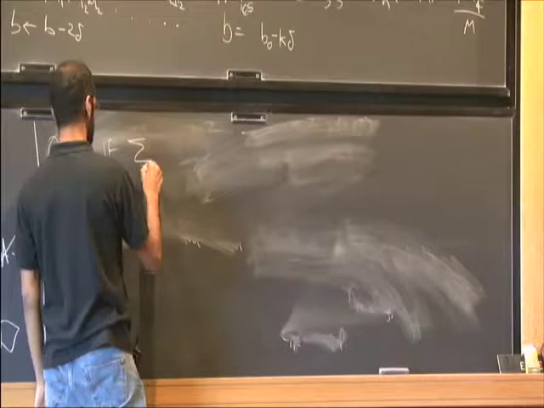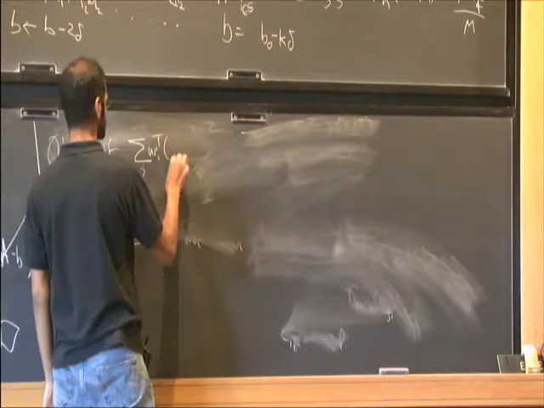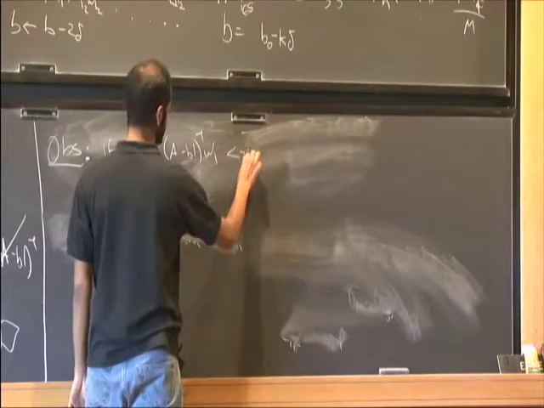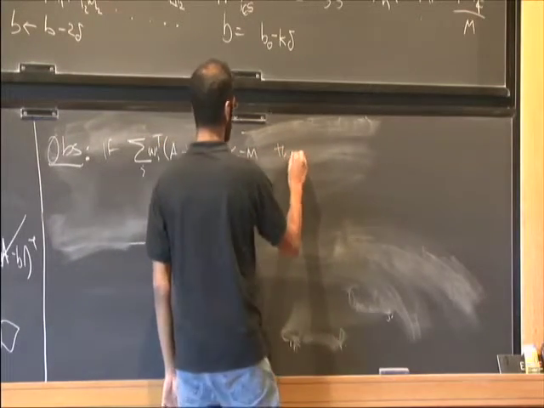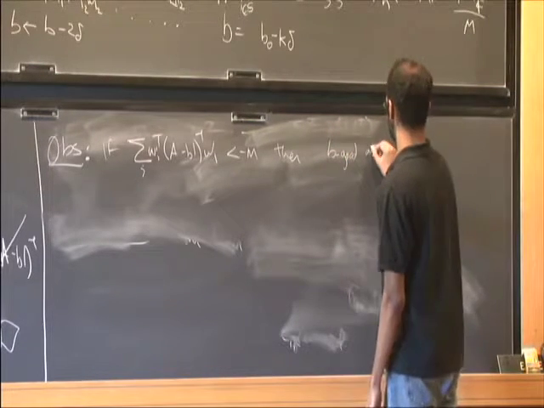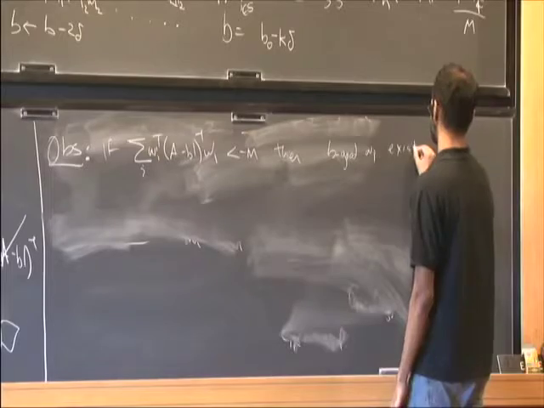So if the sum over all i of Wi transpose (A minus Bi) inverse Wi is less than minus m, then a B-good Wi must exist, right?